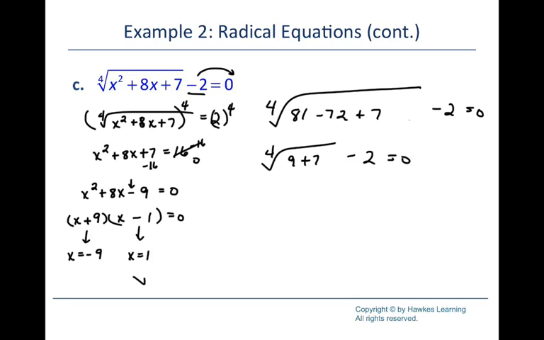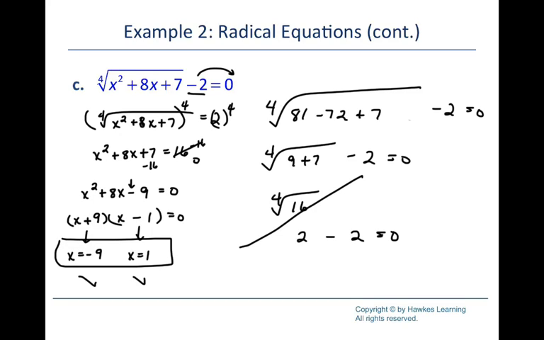So we have the 4th root of 16 again, which is 2. Minus 2 equals 0. So actually the -9 checks also to be a good answer. So both of those answers will work to solve this equation.